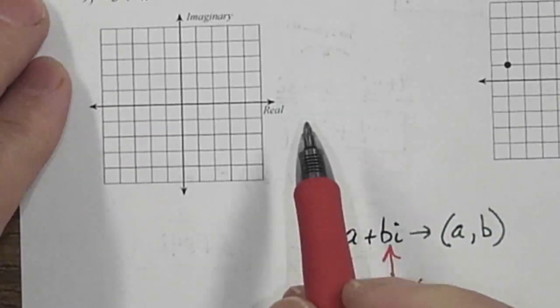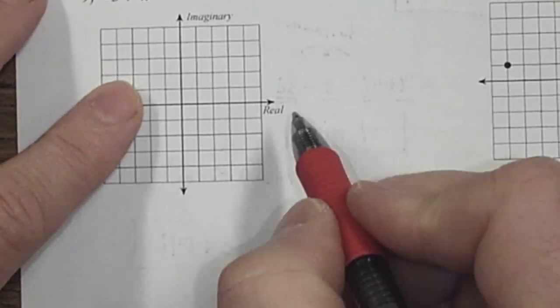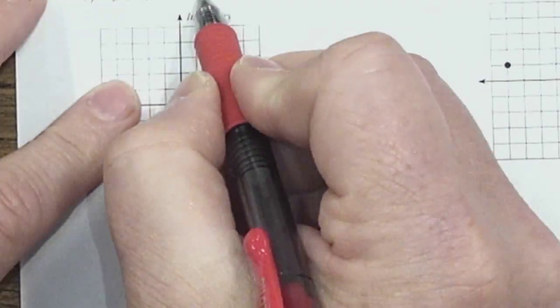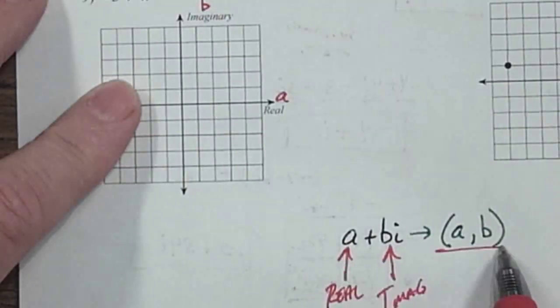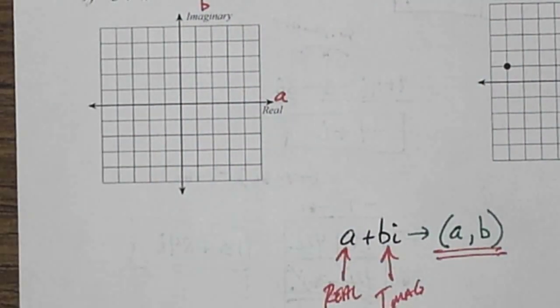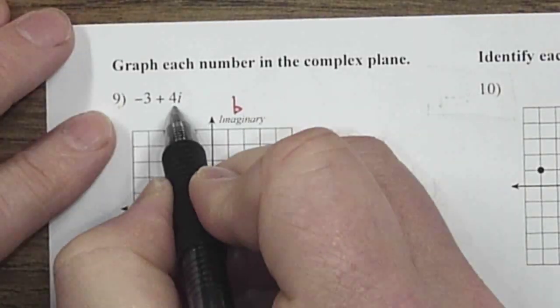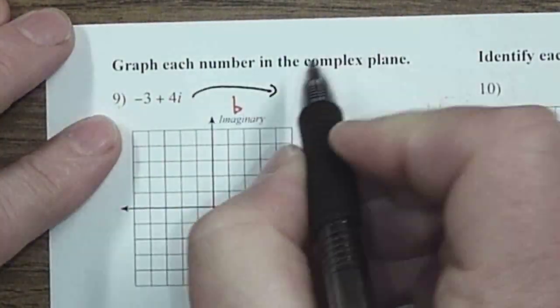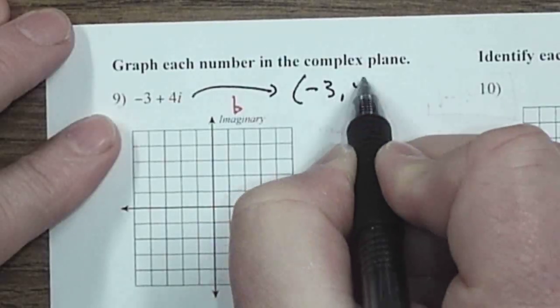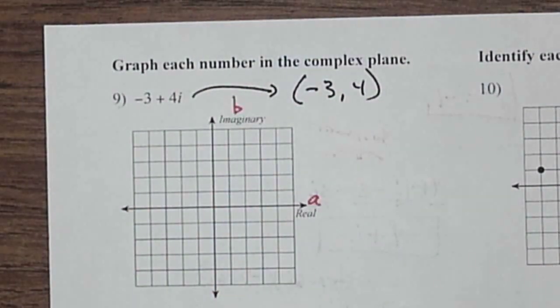When we look at the graph and it says real and imaginary, the real is my a, the imaginary is my b. So negative 3 plus 4i is very similar to just saying negative 3, 4. It's not saying that, but that's how we will graph it.